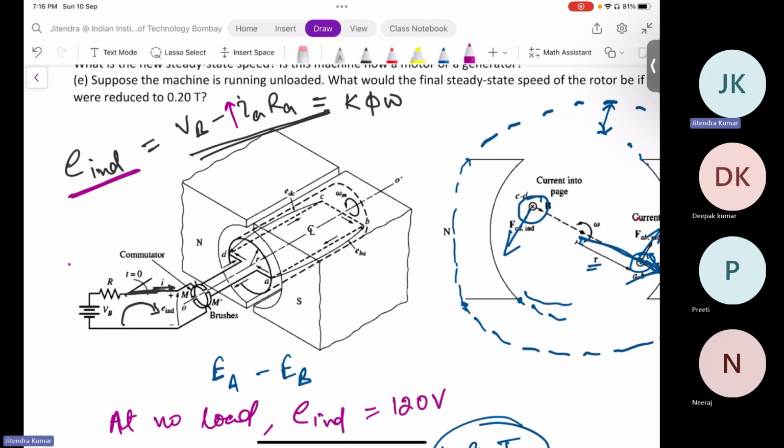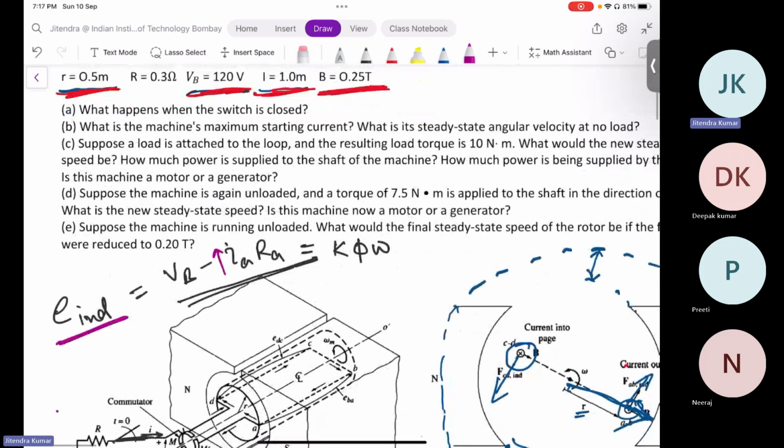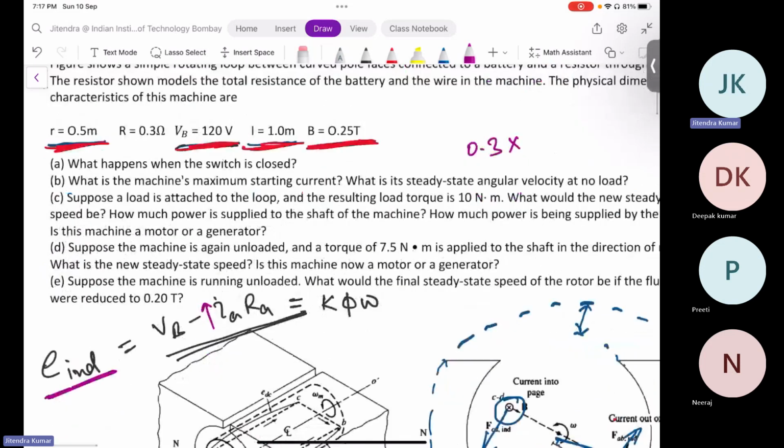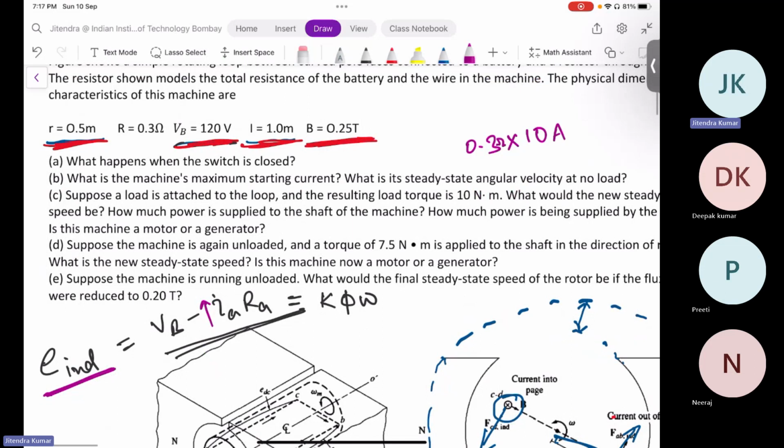So when IA was zero, EMF was 120 volt. Now RA is given as 0.3 ohm, so 0.3 ohm into IA. Let us suppose I am increasing IA from 0 to 10 amps. With 10 amps and RA of 0.3 ohm, IA RA is 3 volt.